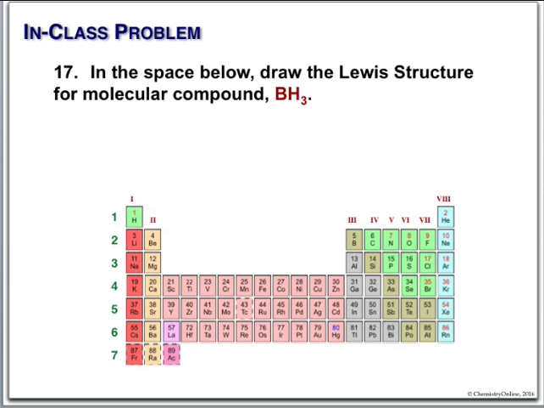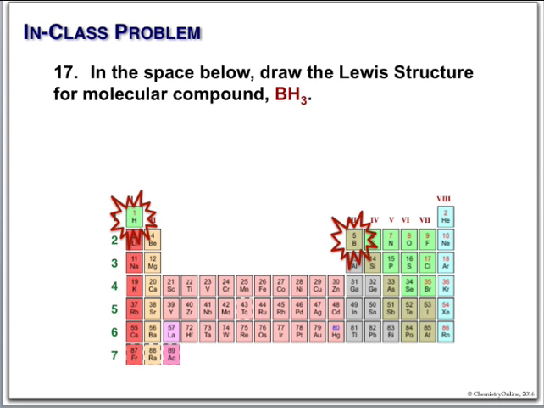You need to find boron and hydrogen. Boron is here in the third group. That means it has 3 valence electrons. Hydrogen is here in the first group. That means it has 1 valence electron.